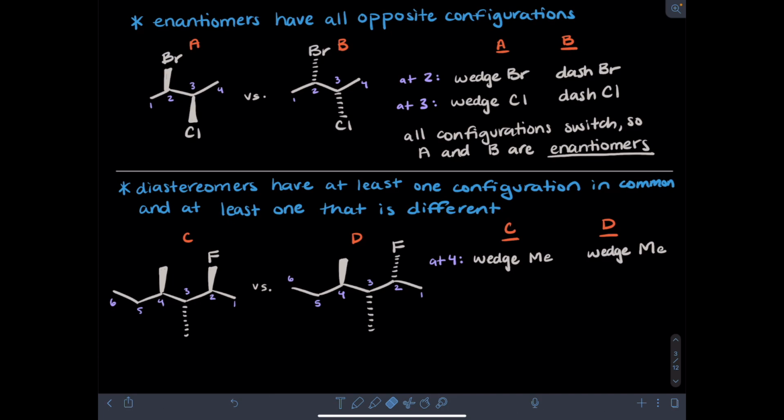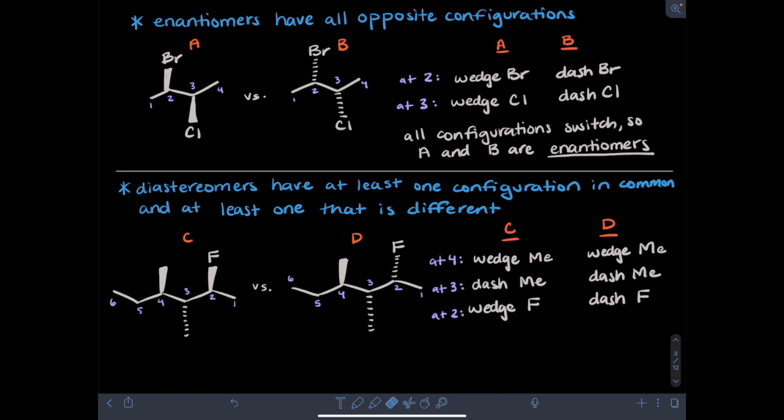In molecule C, this is a wedged methyl group, and in molecule D, this is a wedged methyl group as well. At carbon 3, molecule C has a dashed methyl group, and molecule D has a dashed methyl group as well. It's at carbon 2 that we start to get differences.